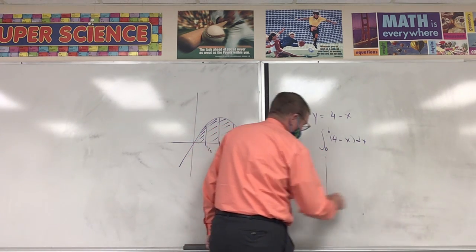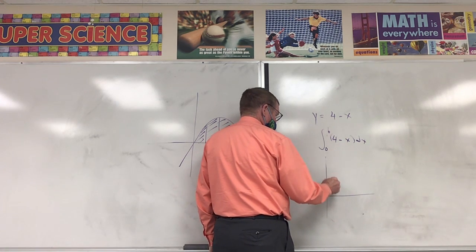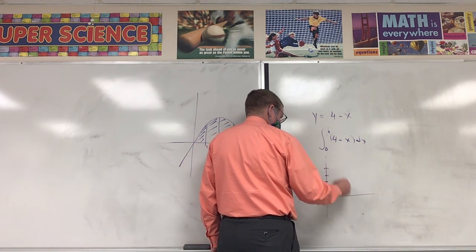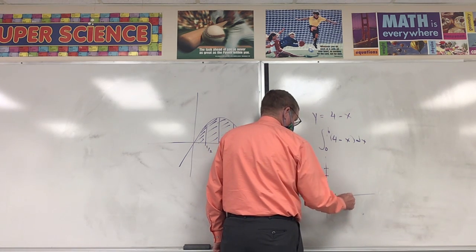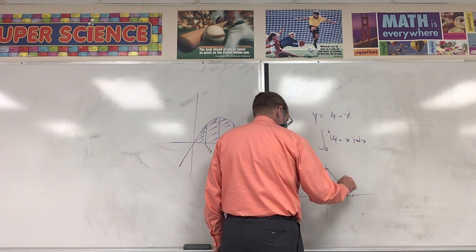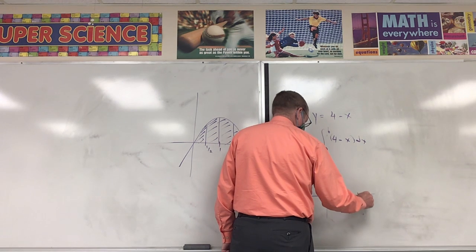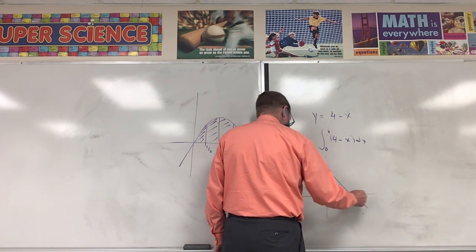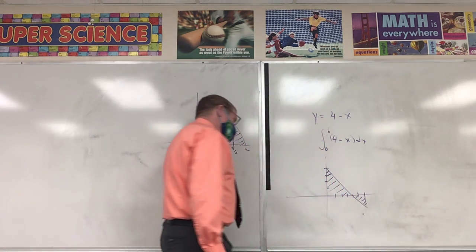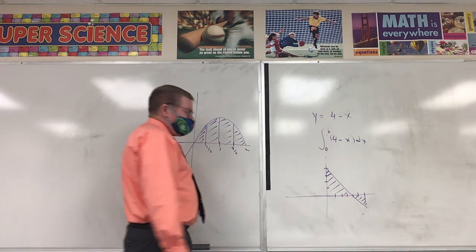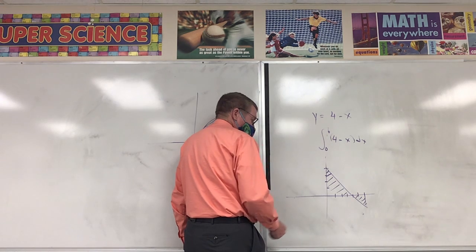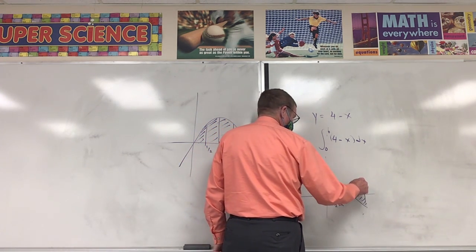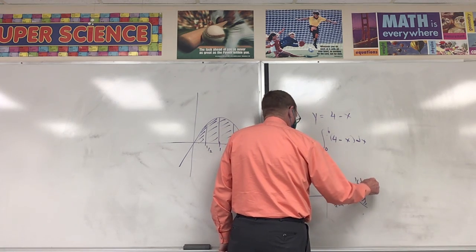All right, so if we draw this out, 4 minus x. You get two triangles. This triangle here should be 1/2 base times height. This triangle here should be 1/2 base times height.